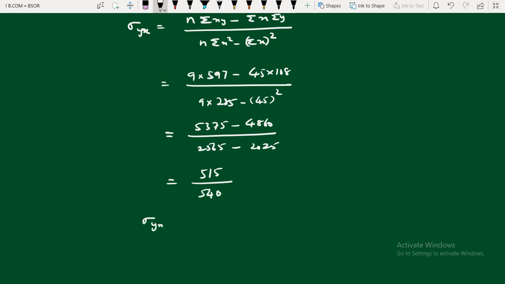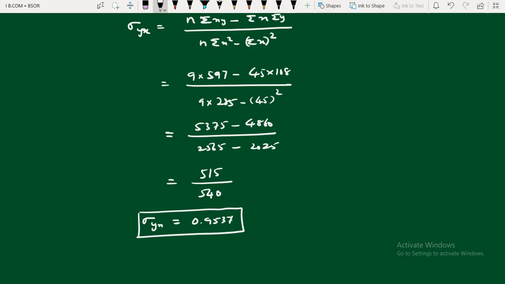Therefore, sigma yx equal to 515 by 540, that is 0.9537. So this is the value for sigma yx.